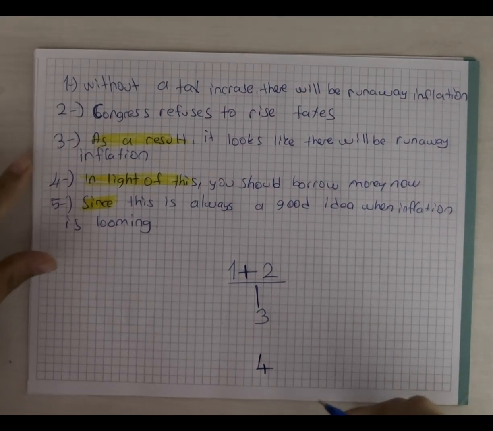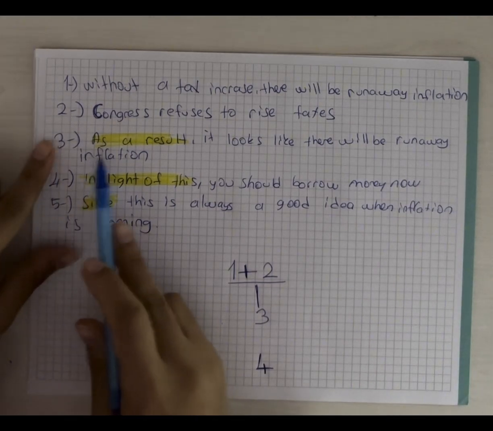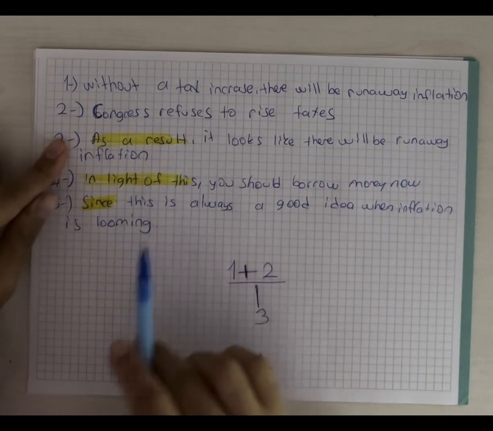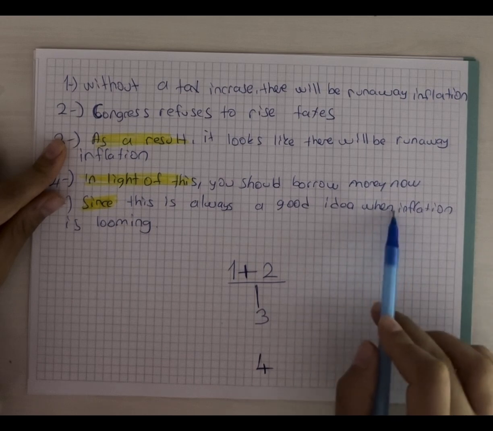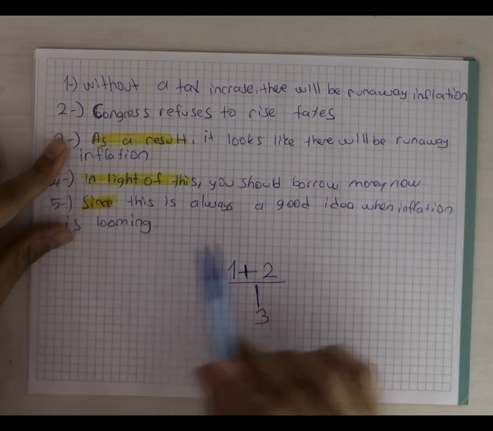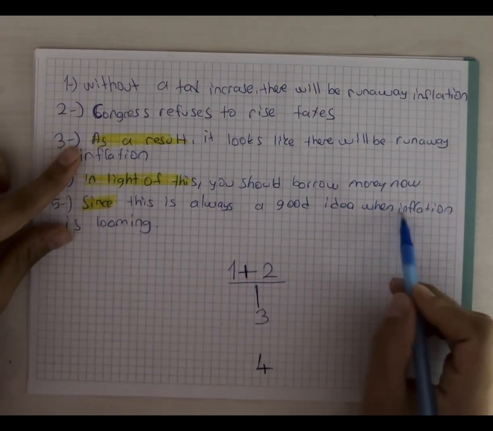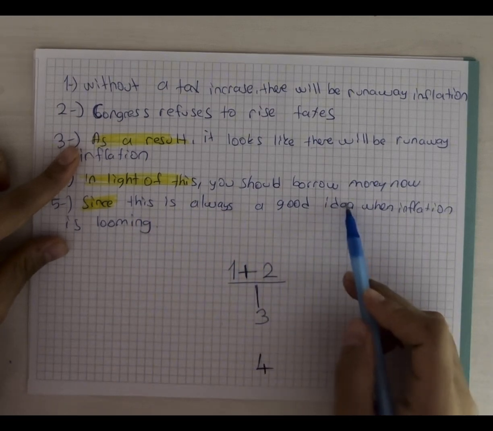Let's go on reading. As a result, it looks like there will be runaway inflation, since this is always a good idea when inflation is looming. As you can see, there will be runaway inflation, and when inflation is looming, it's always a good idea.